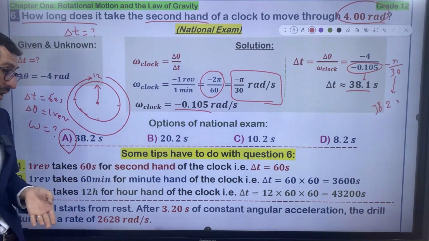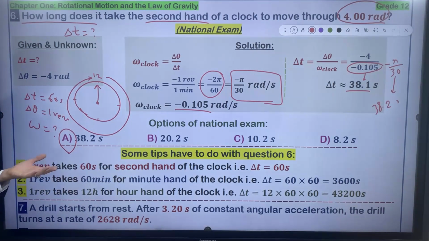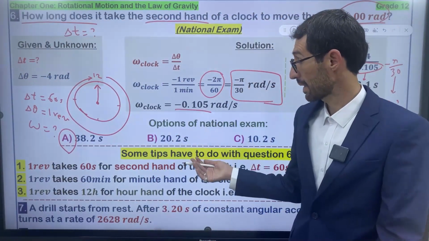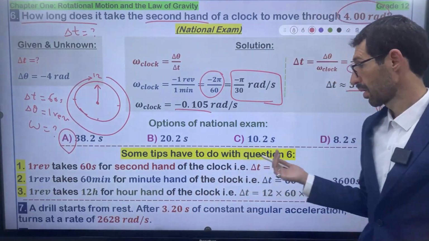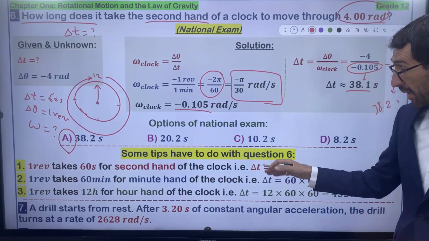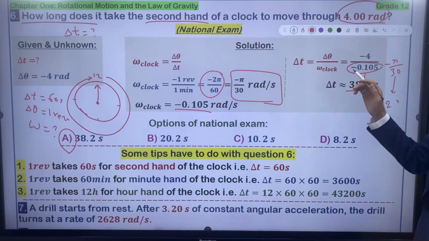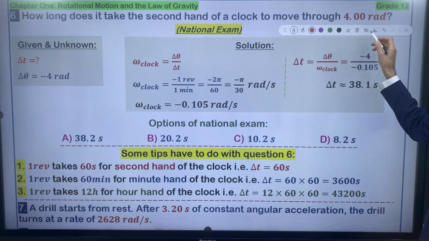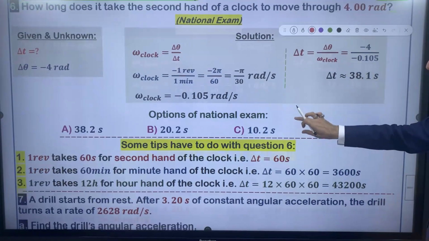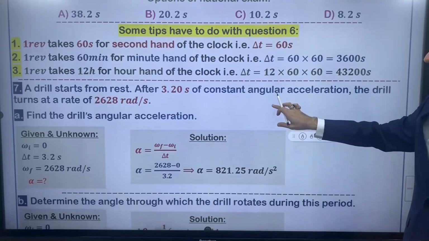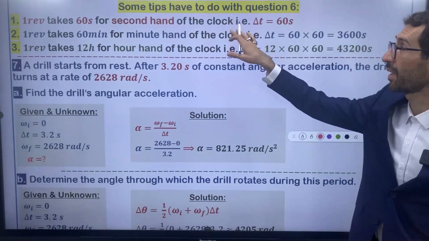That's why I prepared 3 notes for you for better understanding the subject and recognizing the case. Let me read the tips for you, and after that we finish this lesson.